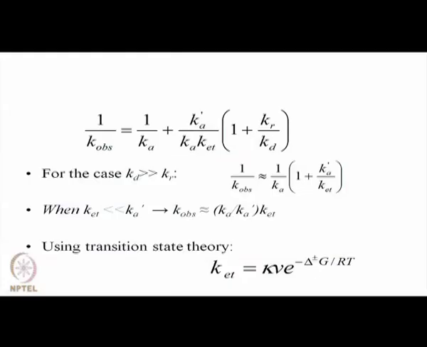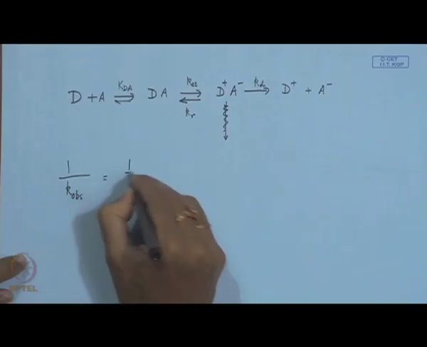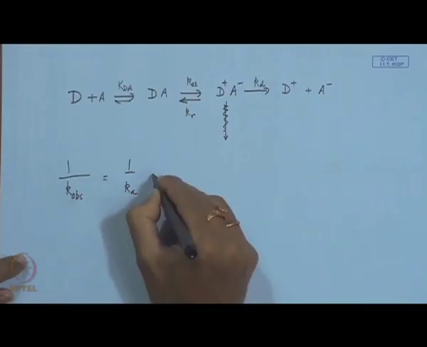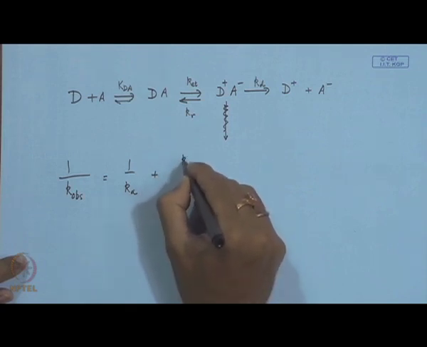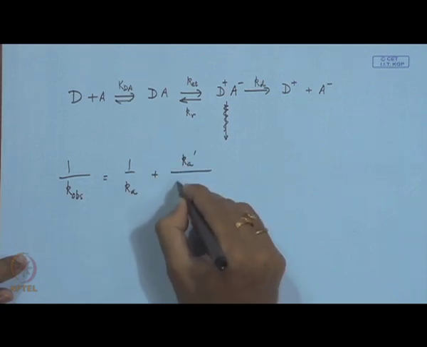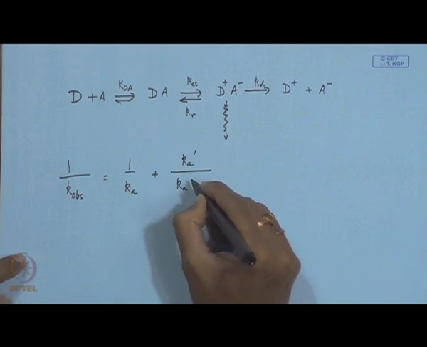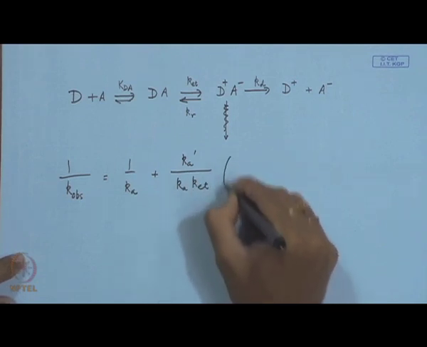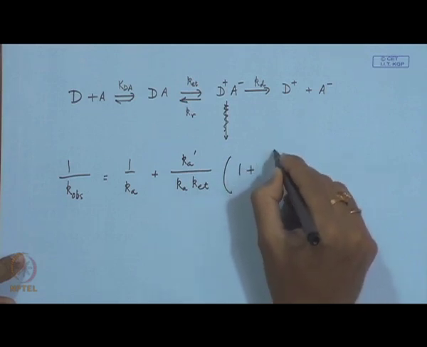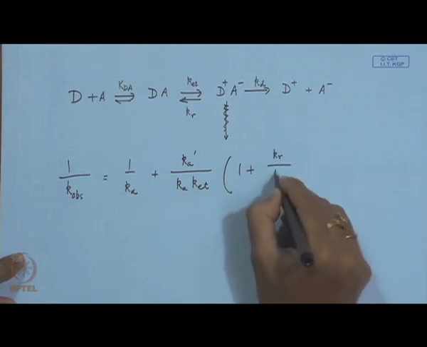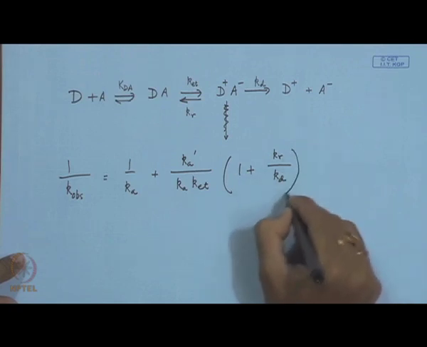Okay. So, we can finally write like this: 1 by K observed is equal to 1 by Ka plus Ka prime divided by Ka KET times 1 plus Kr by Kd.